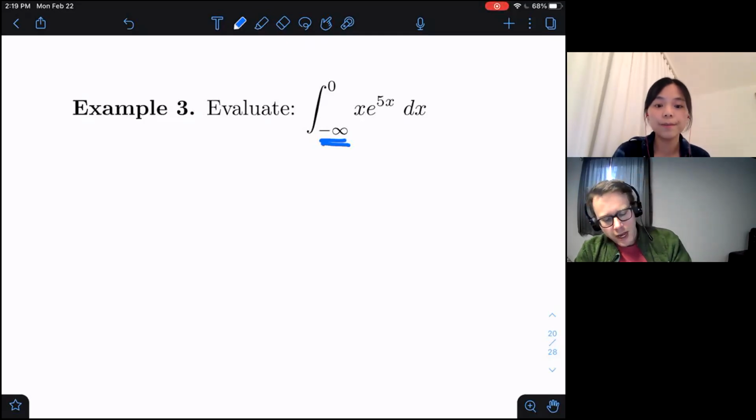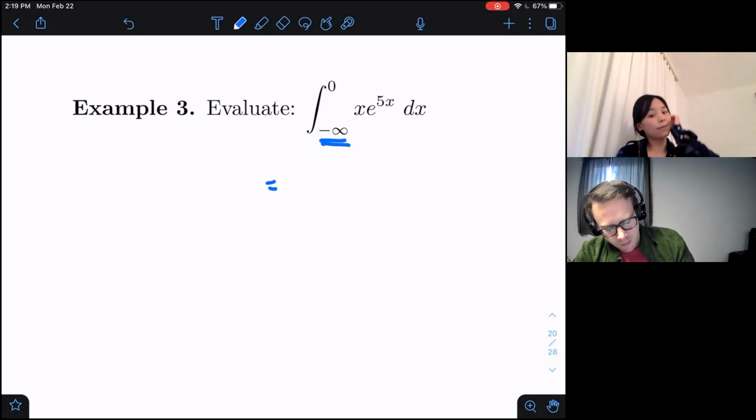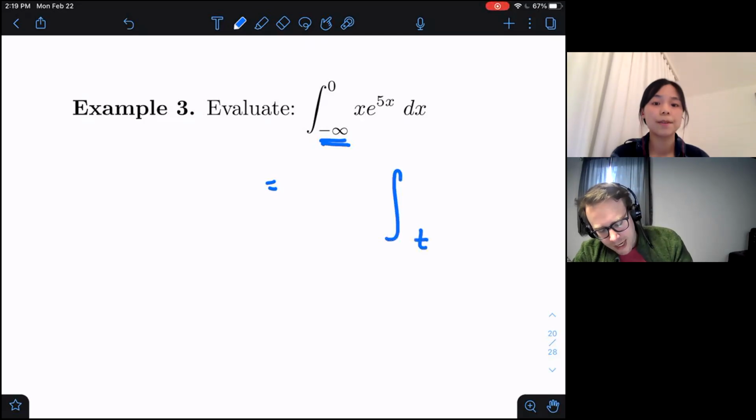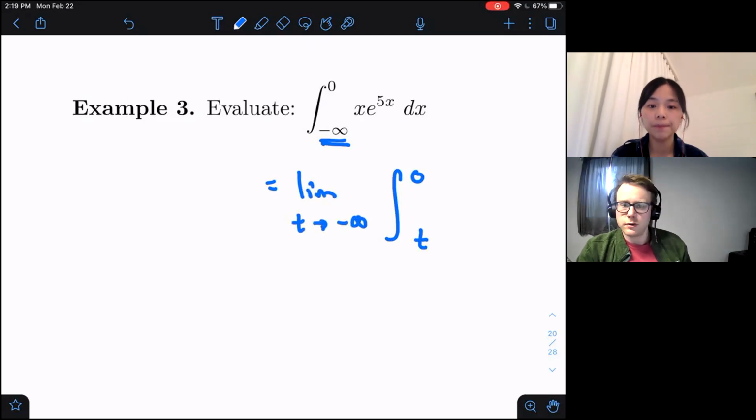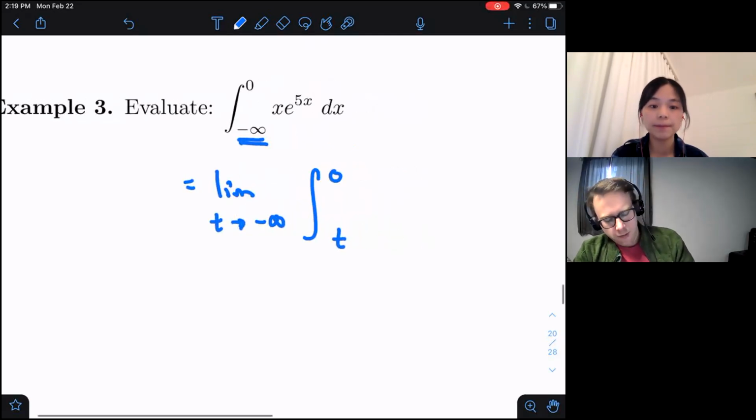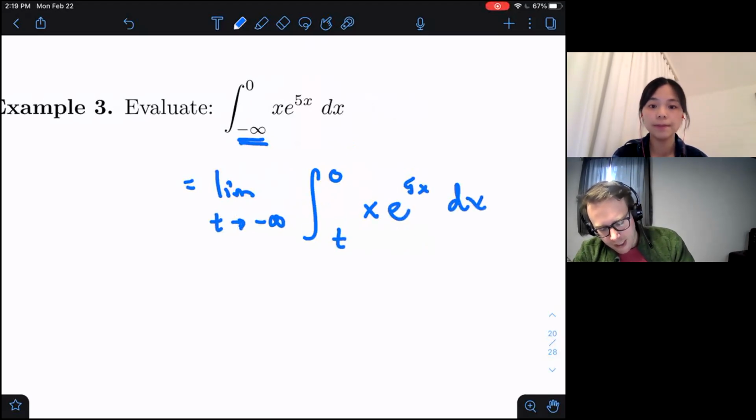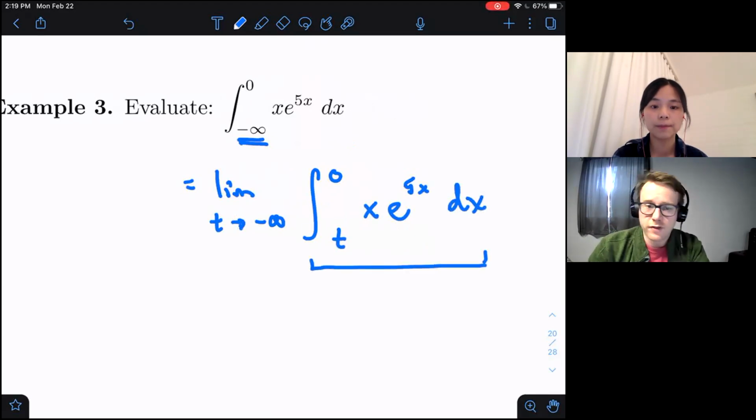If we do the setup portion, we're going to have the integral from t to 0, and our limit as t approaches negative infinity. That's the issue here. And we're going to be evaluating the integral of x e to the 5x dx. So we still need to find the antiderivative of this.